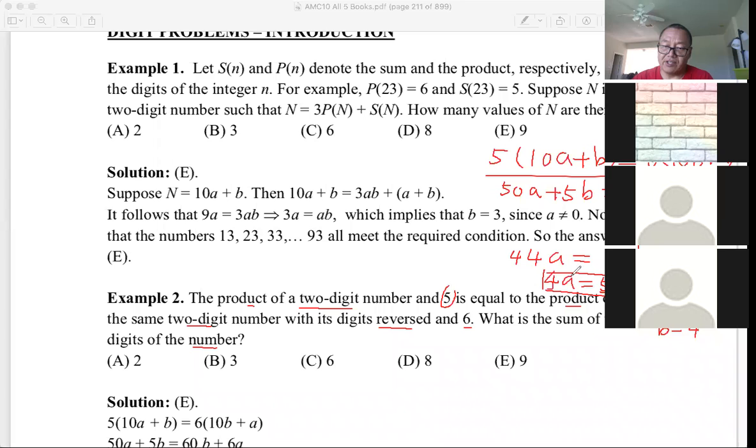A is the 10th digit, B is the 1st digit. One choice is A equals 5, B equals 4. Do we have other choices?